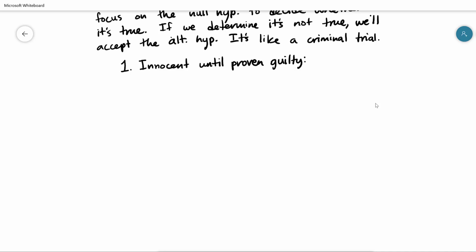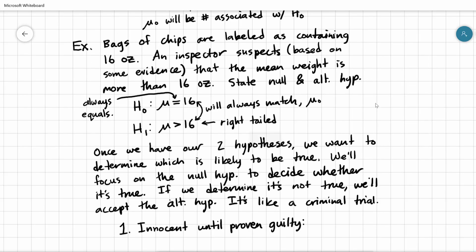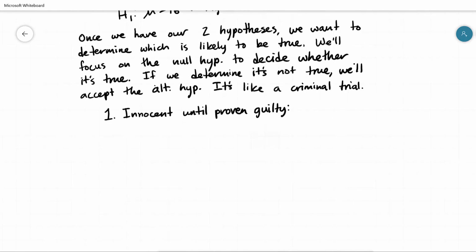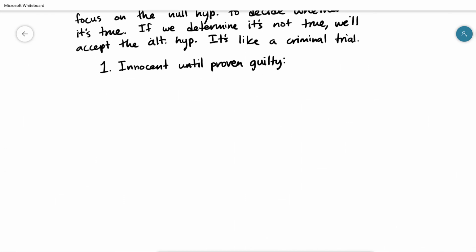And what I mean by this is going back up to our example that we did a minute ago with our bags of chips, we're going to assume the null hypothesis is true. We're going to assume that they haven't been overfilling these bags until we can prove, based on this evidence, that that's not the case. So innocent until proven guilty is the idea that we're going to always start with the assumption that the null hypothesis is true.